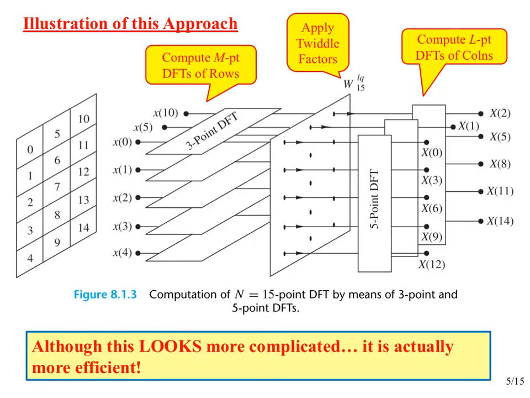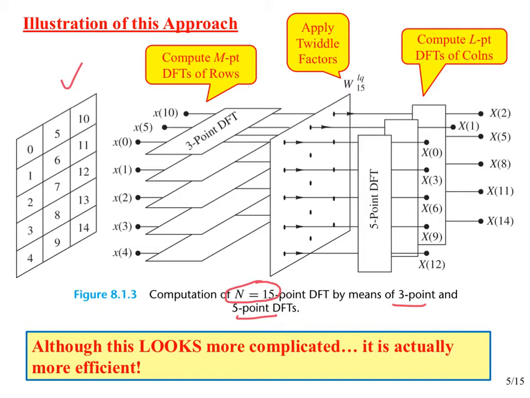So let's go on to the next slide and take a look. Suppose we have N equal to 15, and we factor that 15 into 3 times 5, and so we can rearrange our input this way.